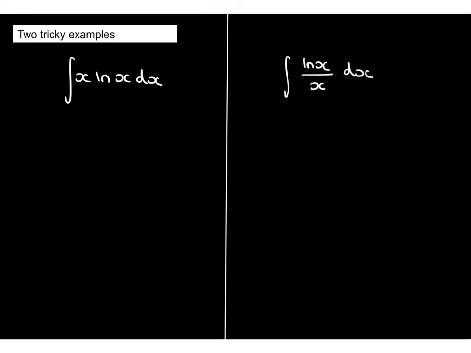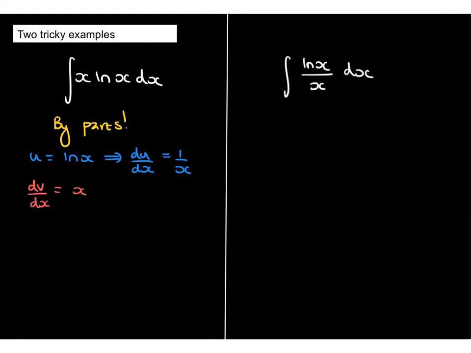Well, if you've worked it out correctly, this one here has to be done by parts, and you would need to set u equal to ln x, because you can differentiate that easily, to give you du by dx equals 1 over x, and you would then have to set dv by dx equal to x, which gives you v equals a half x squared.